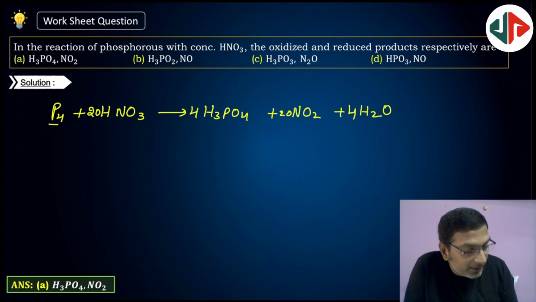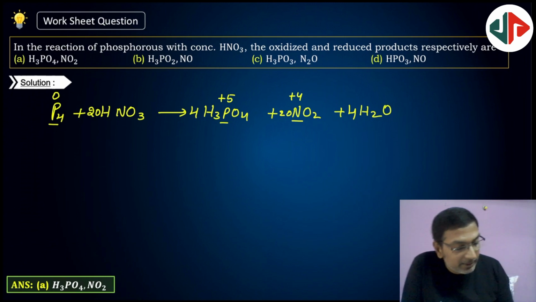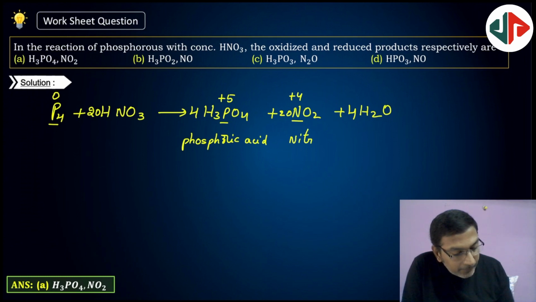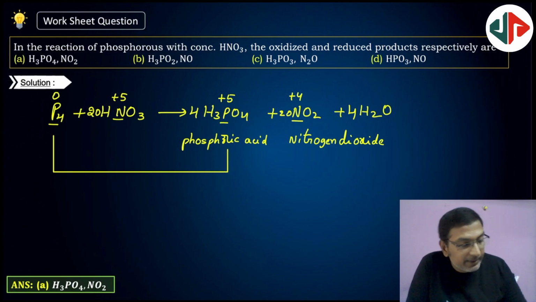So here P4 oxidation state 0, and here P plus 5, and here plus 4. Next, that means the compounds are phosphoric acid, and this one nitrogen dioxide. So for nitrogen here plus 5 oxidation state. Next I will write this one. So P4 0 to plus 5. This is increase in oxidation state.